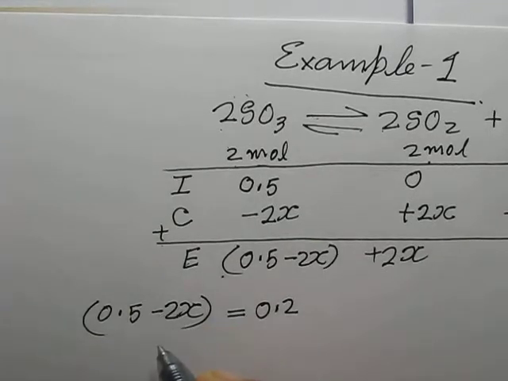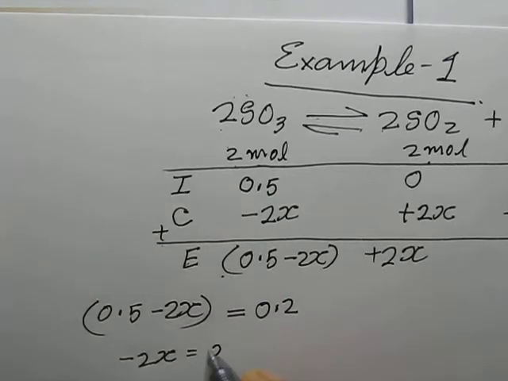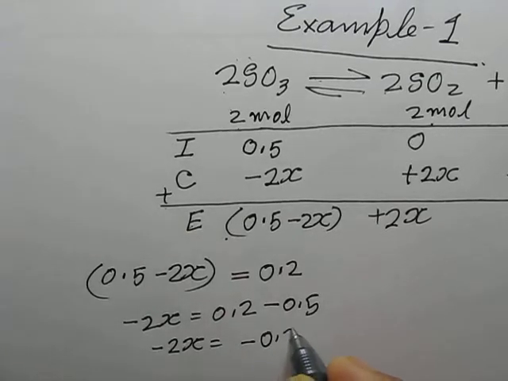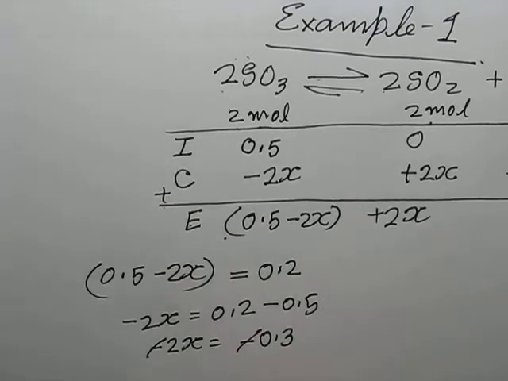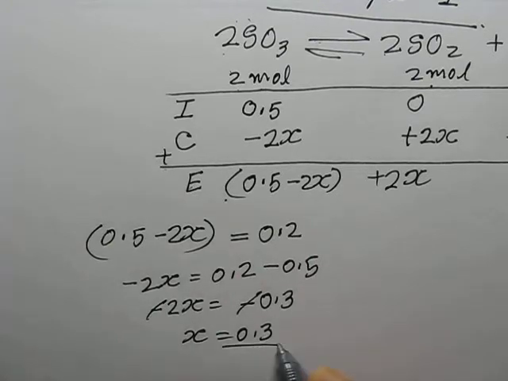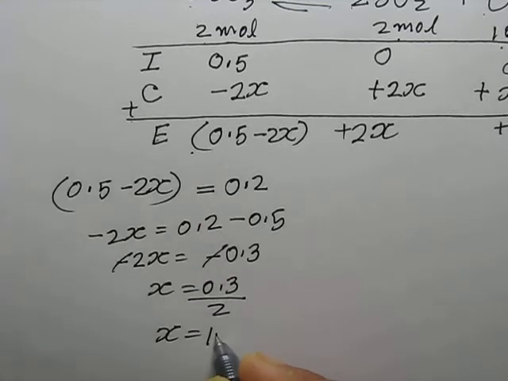We can rearrange this equation: minus 2x will be equal to 0.2 minus 0.5, and once we subtract, minus 2x will be equal to minus 0.3. The negatives cancel out on both sides, so x will become 0.3 divided by 2, and then the x value will be 0.15.